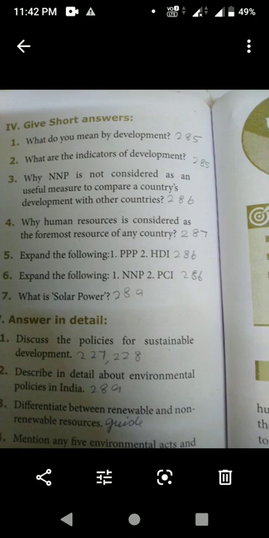Page number 287 and 288. Sorry, the earlier page number was wrong. So, page number 287 and 288.